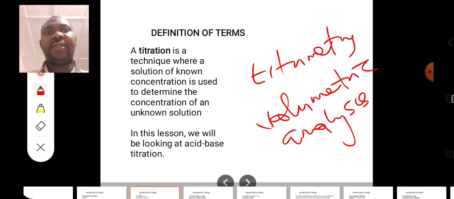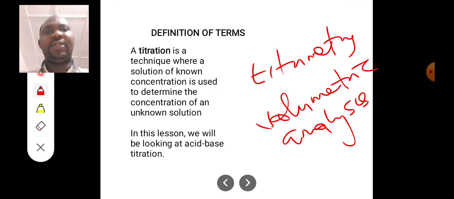Here it says a titration is a technique where a solution of known concentration is used to determine the concentration of an unknown solution. But in this particular lesson, we are going to be interested in just one, which is acid-base titration. There are others, but we are interested in acid-base titration.